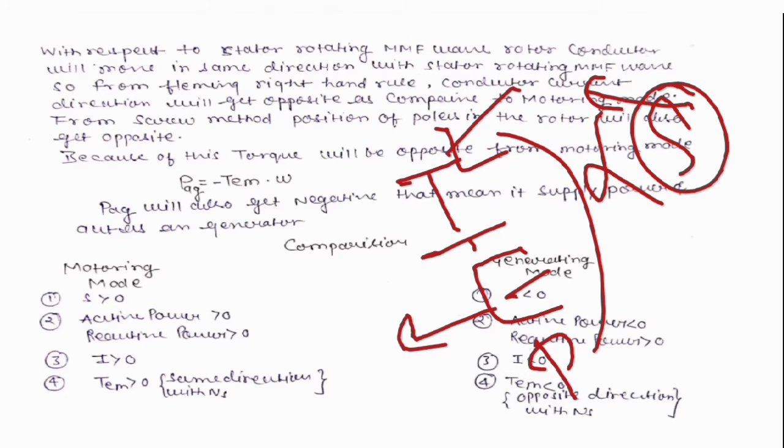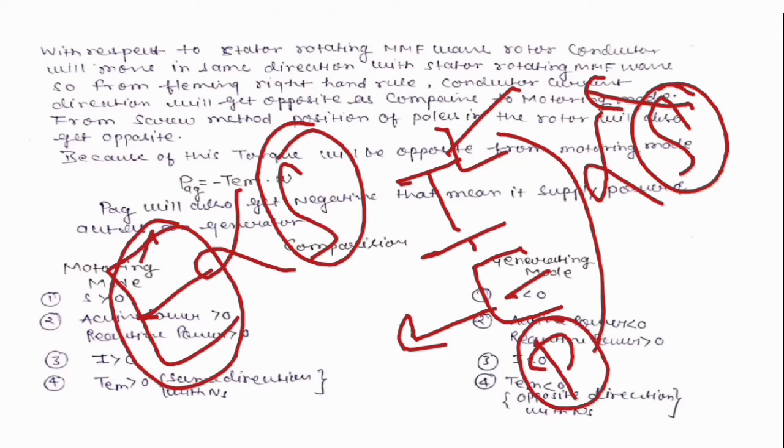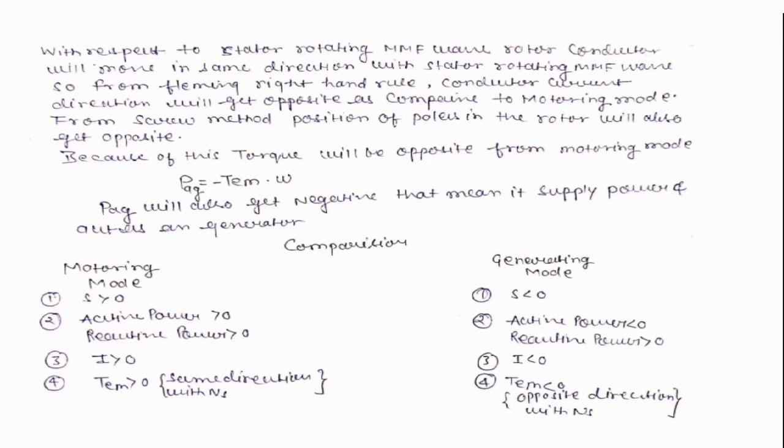E, the emf, is directly proportional to s. So slip is negative, so emf is negative, and power is negative. That means their direction is changed. That means first we take active power, reactive power, apparent power, and then we supply the active power, so the direction of power will change here.